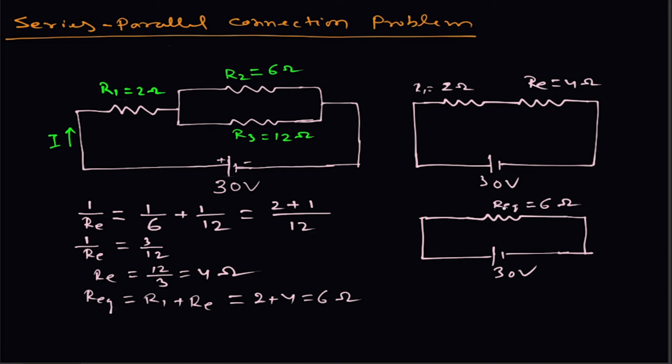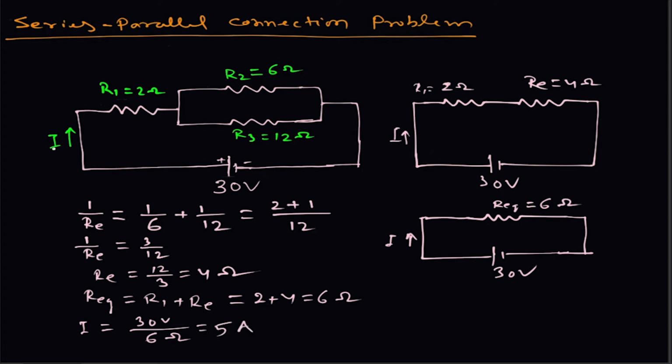So the voltage is 30 volt, and the equivalent resistance is 6 ohm. So we can find the current I. This current I is the same as this current I, and the same as this I. So I is equal to 30 volt divided by REQ, 6 ohm, that is 5 ampere.